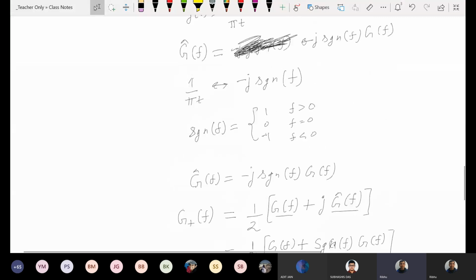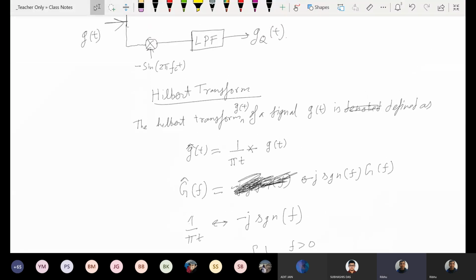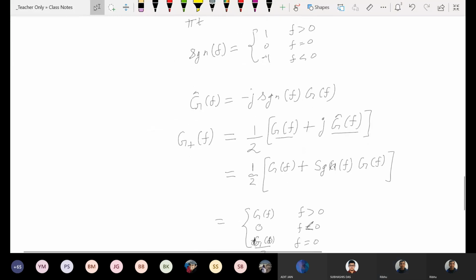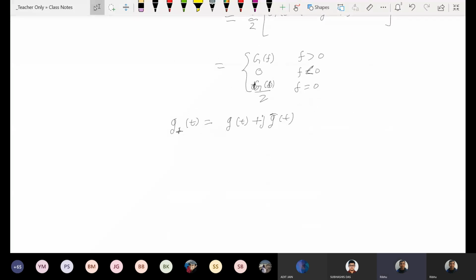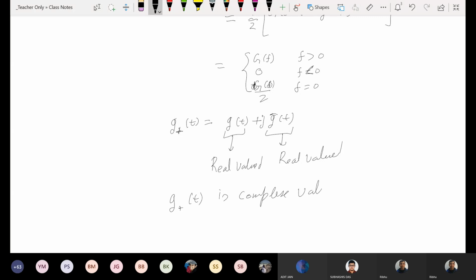From what we have seen, g hat is real valued, but g plus of t is complex valued.